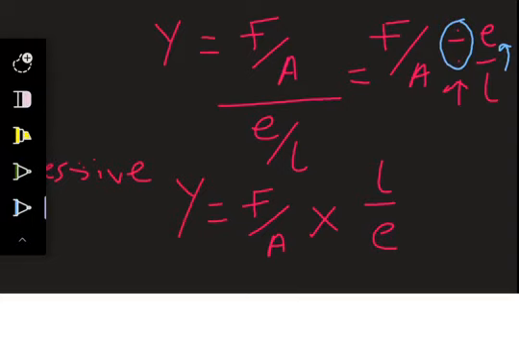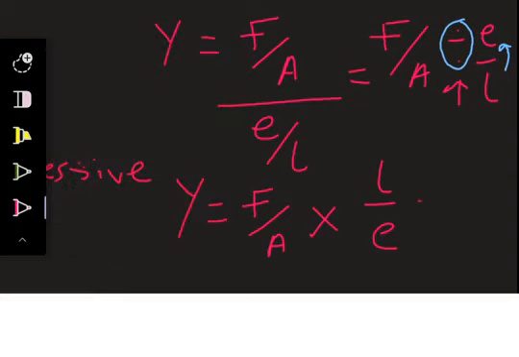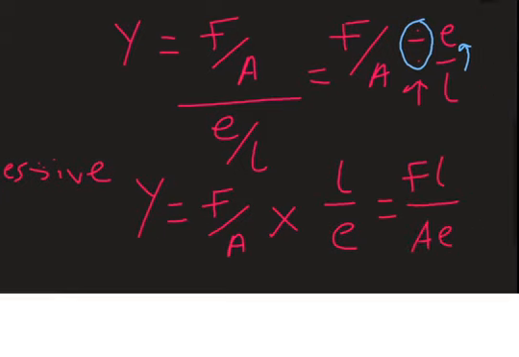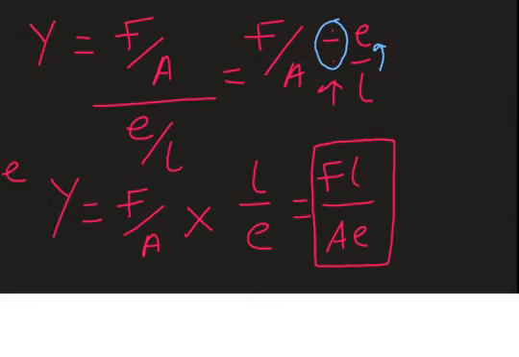So length goes up and extension comes down, and eventually that gives us FL over AE. So that becomes the general formula for Young's modulus, FL over AE.